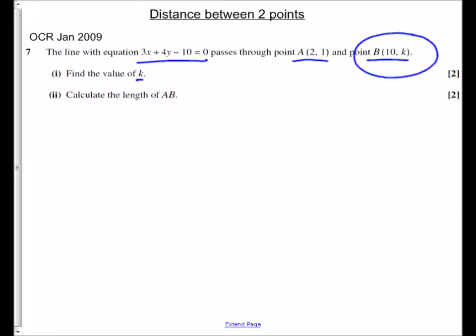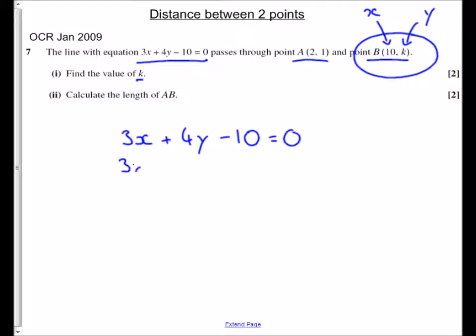Well, because I know my x value in my B coordinate, I can use that to find my y value. So I've got my equation of the line, and the equation of a line is really a relationship between x and y. So we can use the fact that if I do 3 times x plus 4 times y minus 10, I know I must get 0. Well, if x is 10, we can work out our y.